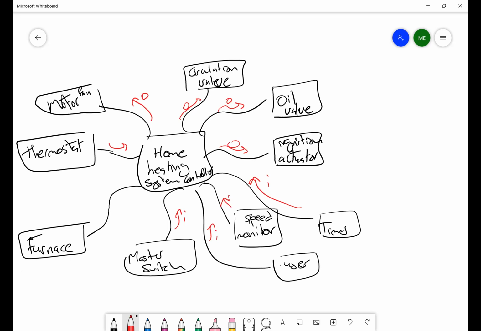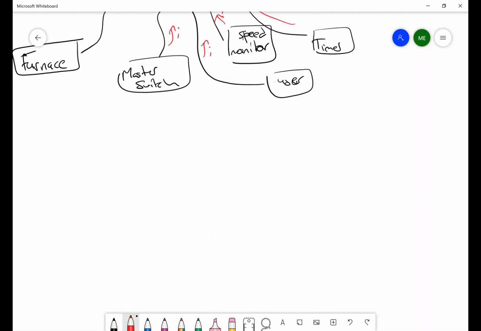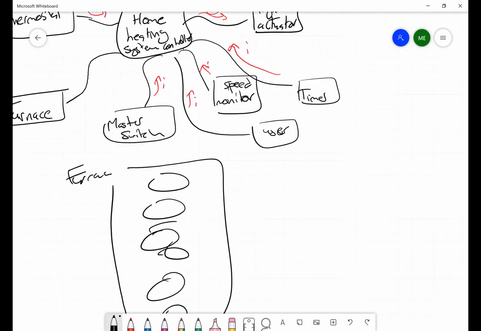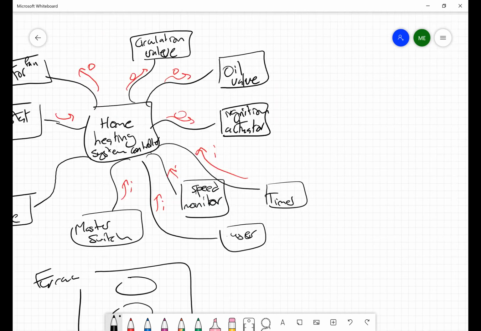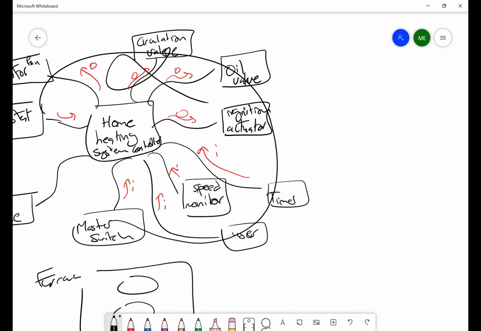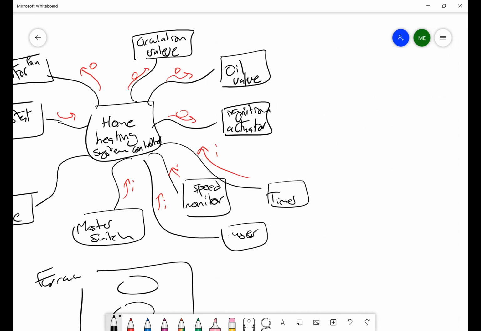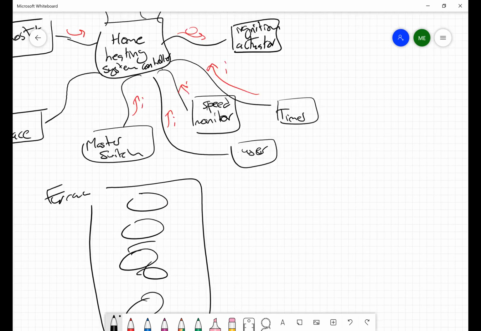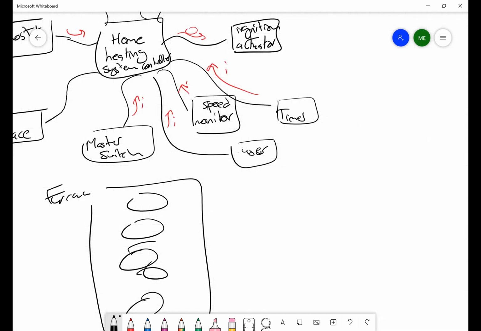So really what's going on is that all of these little devices are inside the furnace. Now, technically, I could have just erased all of this and put down furnace, but is that helping me? When I write code here in the home heating system controller, I need to know the specific things I'm going to be dealing with.